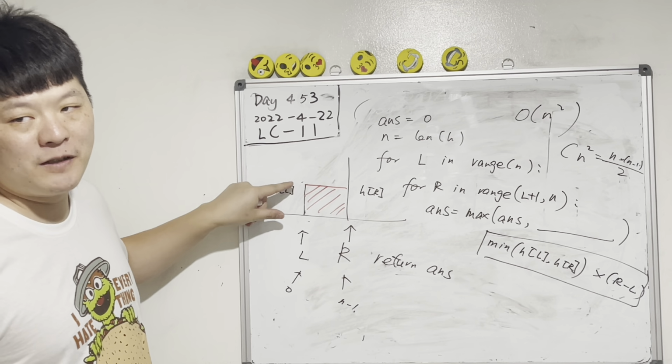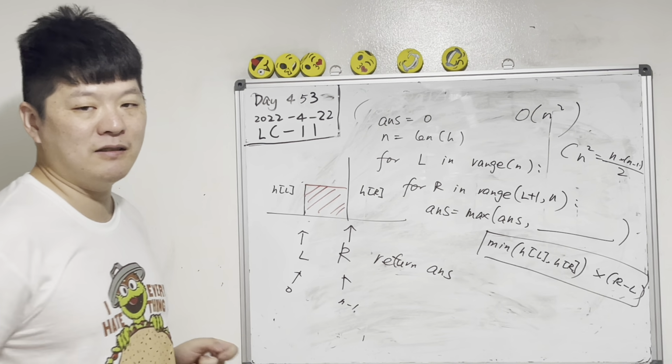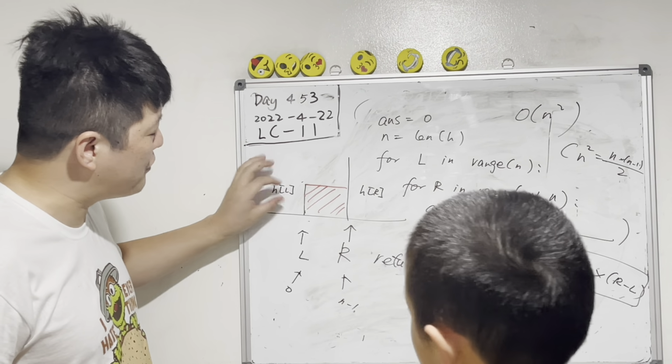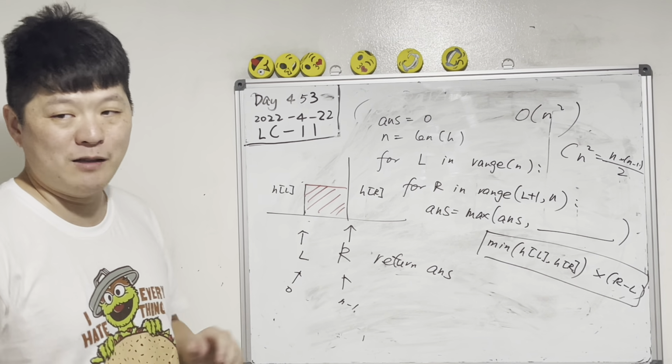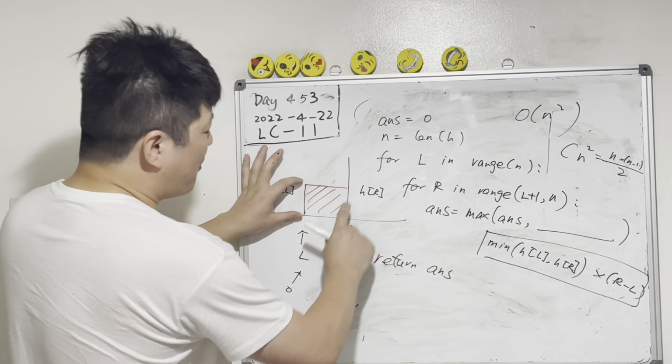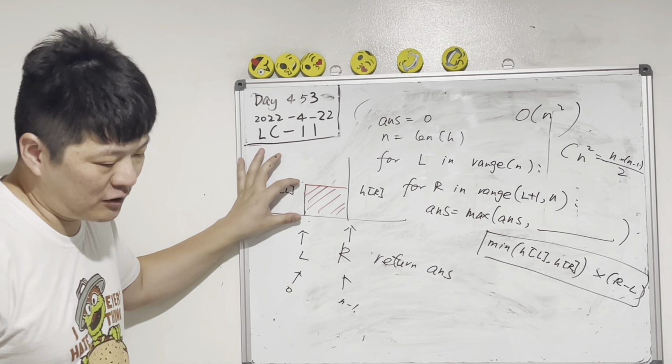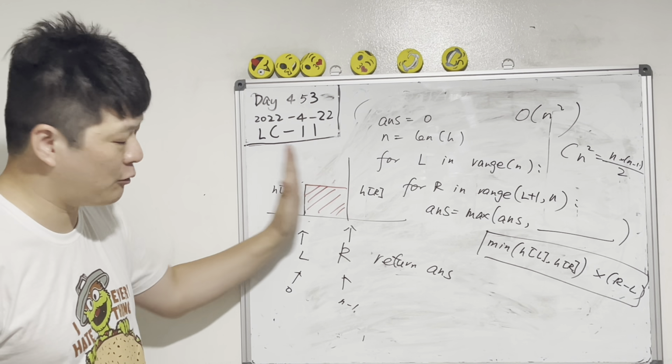So how do we move the pointer? We are supposed to move one, right? So is it better we move the lower bar or move the higher bar? So now we know the L bar is smaller than the R, right? So the answer is we want to move the shorter bar towards the center.